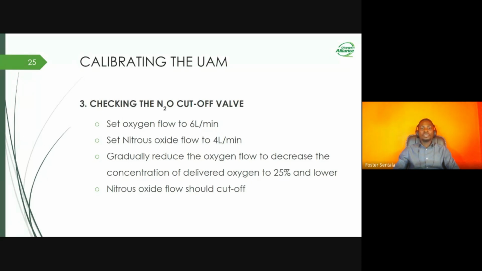When the concentration of oxygen in the gaseous mixture falls below 25%, the nitrous oxide cutoff valve should close, not letting any more nitrous oxide flow into the machine. This is how you check whether the nitrous oxide cutoff valve is working correctly.